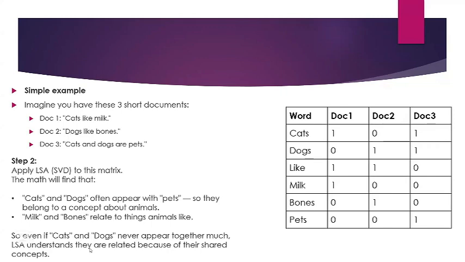So now the Lhasa understands the meaning of this word. Then based on this meaning, the next step is to connect the words, right? Either it connects, as I said, animals are like milk and bones, or it summarizes cat and dog as animals.